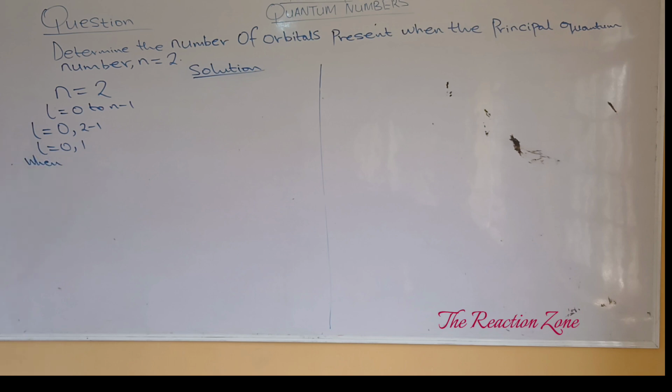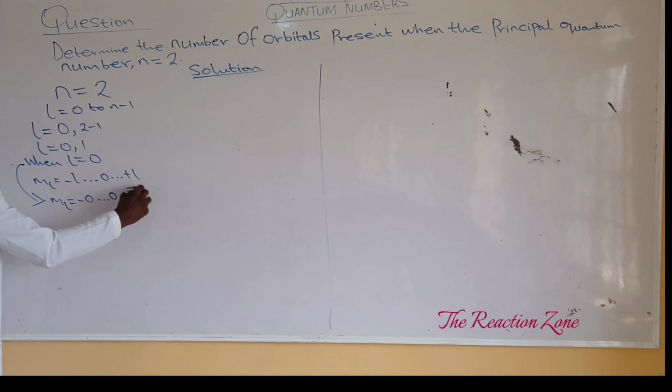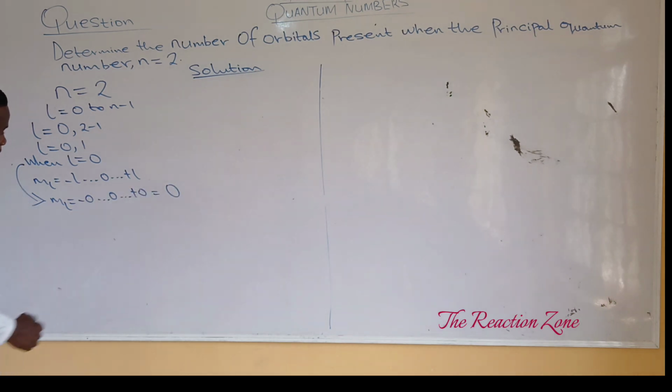When we are given the value of the azimuthal quantum number, the values of the magnetic quantum number range from minus l to 0 to plus l. So what this means is that when l is equal to 0, the values of ml, which is the magnetic quantum number, will be minus 0, 0, plus 0, which is equal to 0.